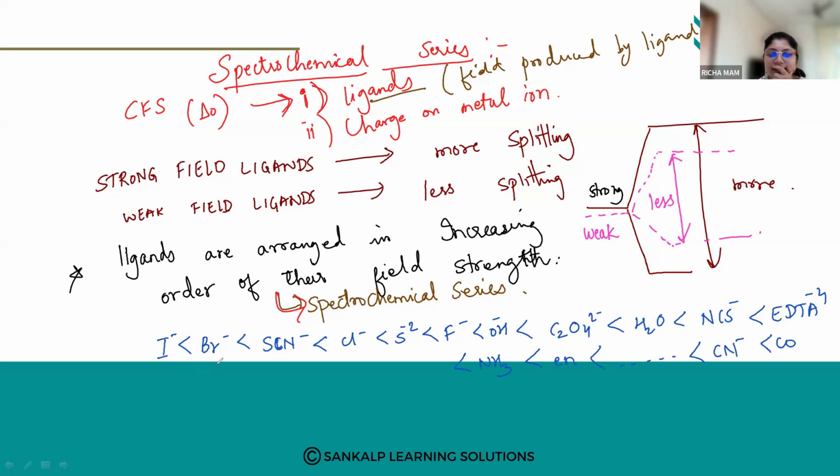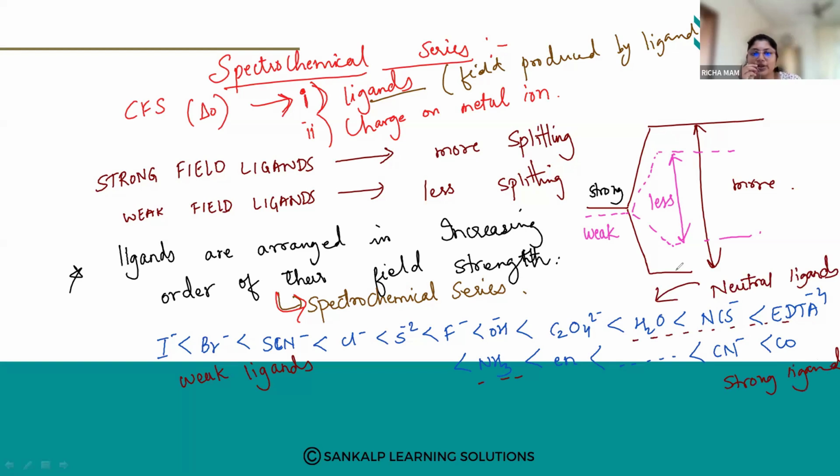Now, these are the weak field ligands, and these are the strong field ligands, and the intermediate. Here, these are your neutral ligands, or these also come under your weak ligands only.